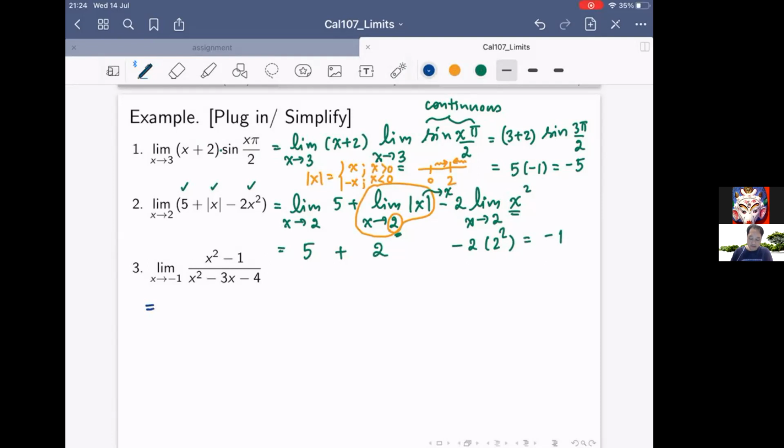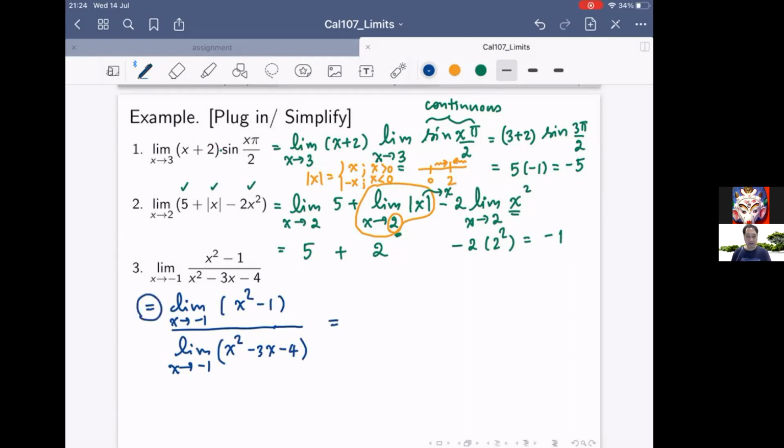So let's take a look at this one. Let's pretend that we separate it, just like that, because the top and the bottom are both polynomial, right? So let's pretend that we can separate it. But if we can really separate, it means that the limit of the one at the bottom is not 0, right? So let us evaluate.